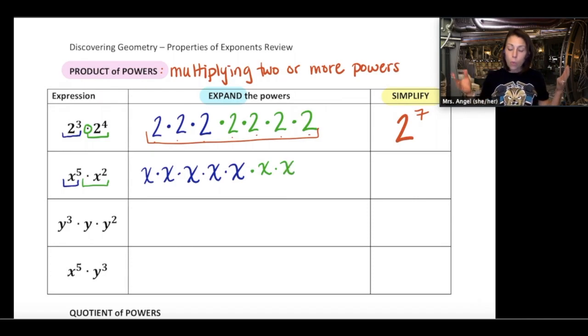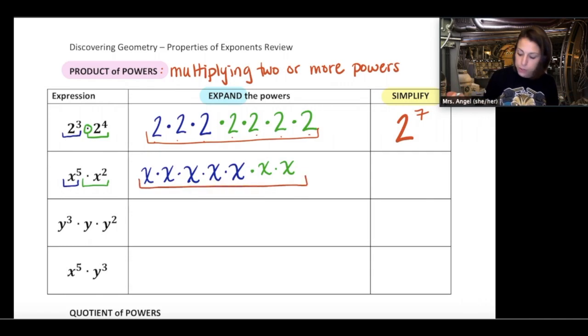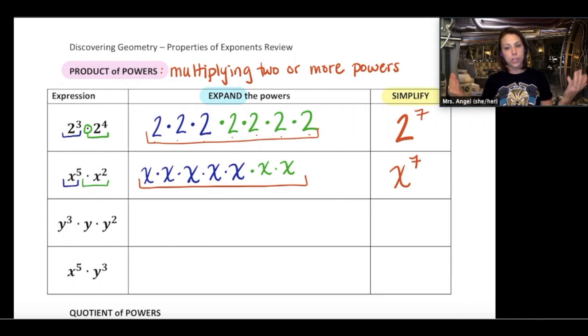Notice how now we have a product where we're multiplying x by itself many times. Well, how many times? Well, there's 5 in the first and 2 more. That makes a grand total of 7. So to write this as a single power, it would be x to the power of 7, just like we had 2 to the power of 7. How many total times are you multiplying x by itself?